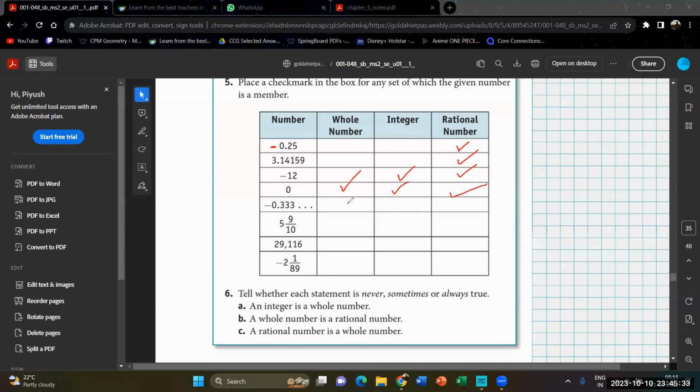Negative 0.333333, rational number, correct. 5 and 9 over 10, rational number, good job. 29,116, all of them. And finally, negative 2, rational number, good job. So did you get the idea of how to classify numbers? Okay, nice.